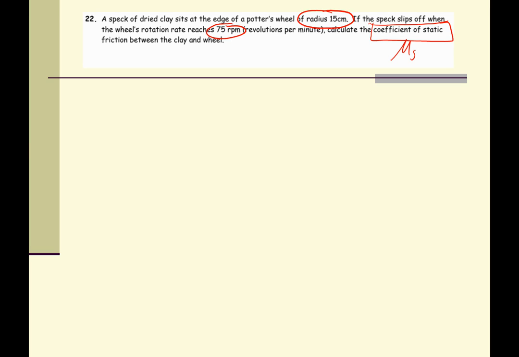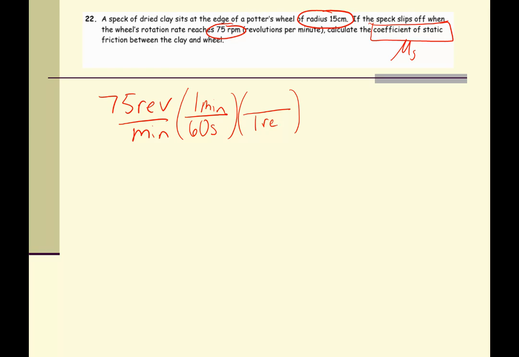So we're trying to calculate the coefficient of static friction. What kind of values do we use? Well, we know we have 75 revolutions per minute. That's what RPM is, okay? And so I'm going to convert to meters per second. I know that for every 1 minute, I have 60 seconds. And I know that for every 1 revolution, I have 2 pi r.